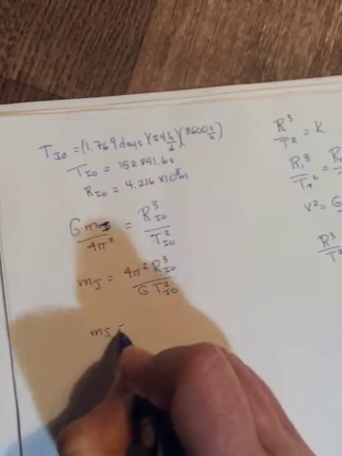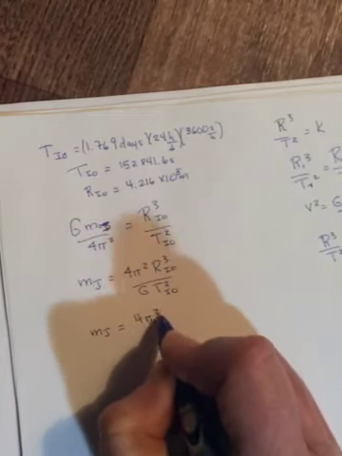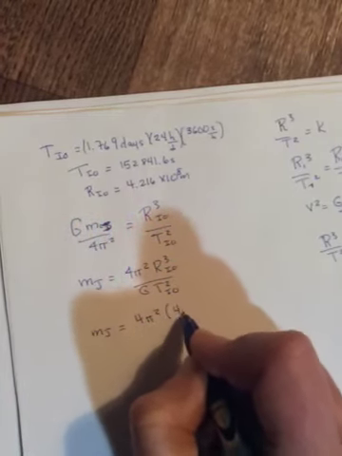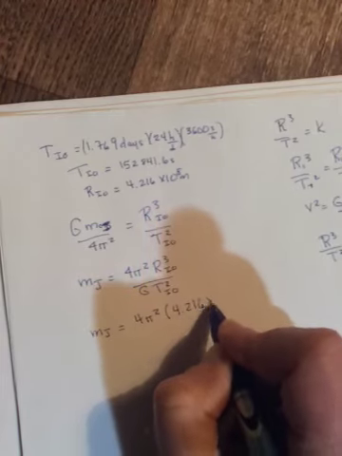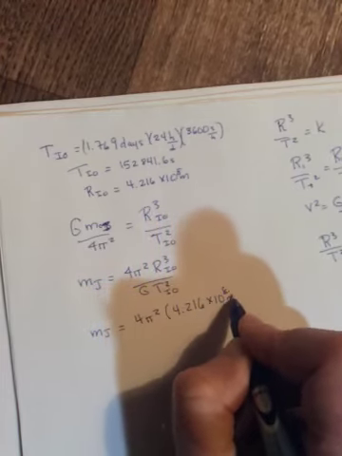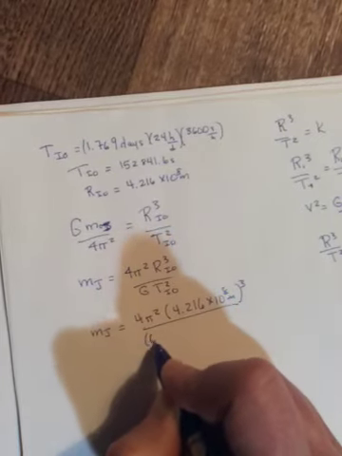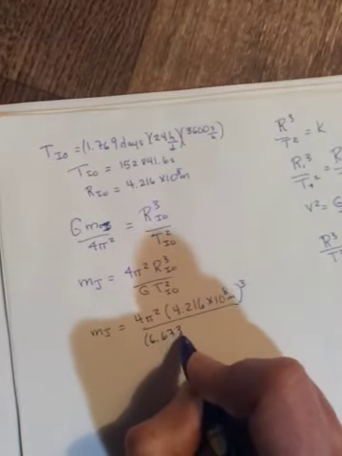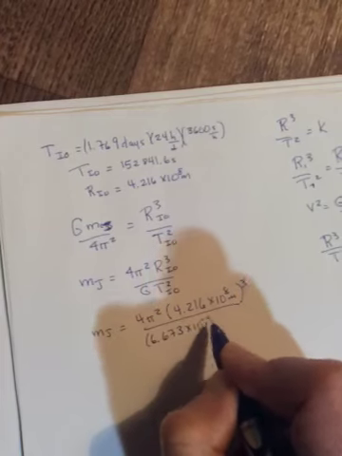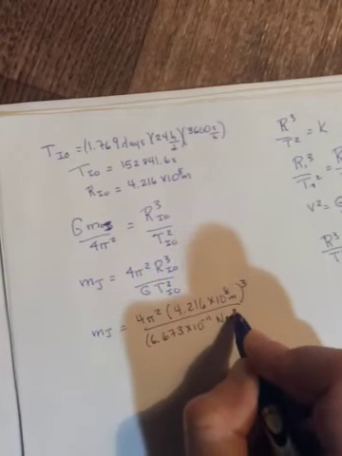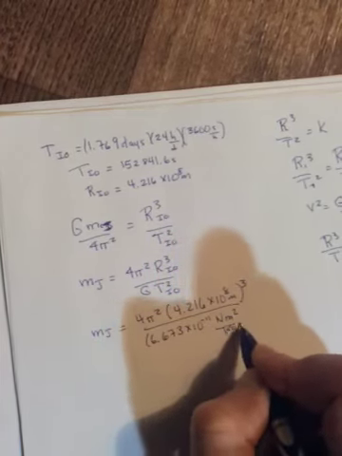So mass of Jupiter equals 4 pi squared times 4.216 times 10 to the 8th cubed over G, which was 6.673 times 10 to the negative 11 Newton meter squared per kilogram squared.